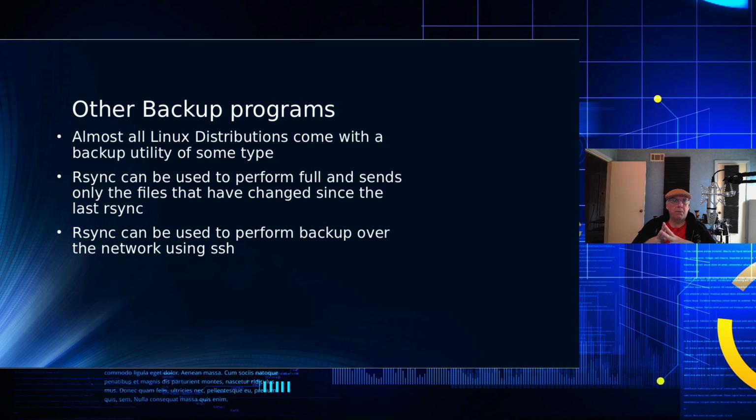rsync can also be run over a network using SSH, which encrypts the transfer of the data over. It does not encrypt the data that's stored on disk, however. So you're still responsible for encrypting that data before you actually do the rsync. But rsync will encrypt it while it's in transit. So encryption is usually done at rest, which means that you encrypt the files that have been written to disk, and the files are then closed.